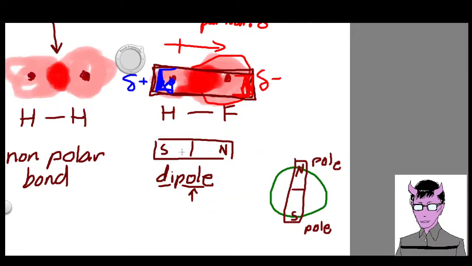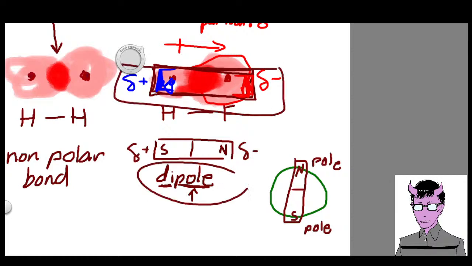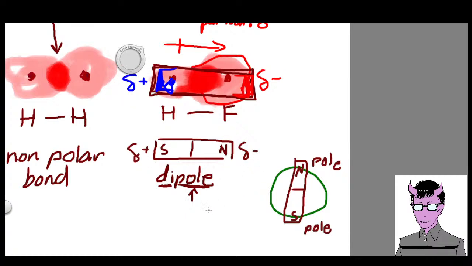This magnet here has two distinct ends. So this pole has two distinct ends. It has a partial negative end, and then it has a partial positive end. So this one, we can describe as a dipole because, again, two distinct ends to this particular pole.